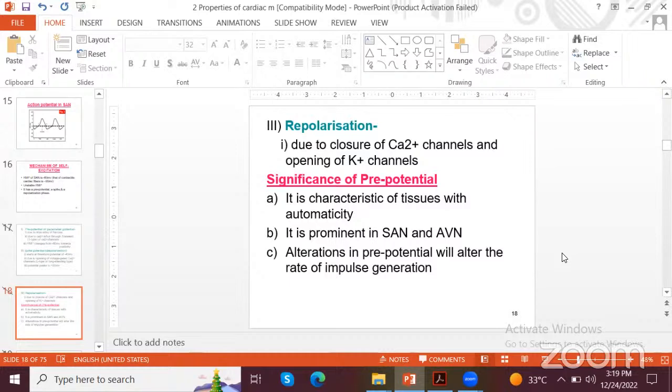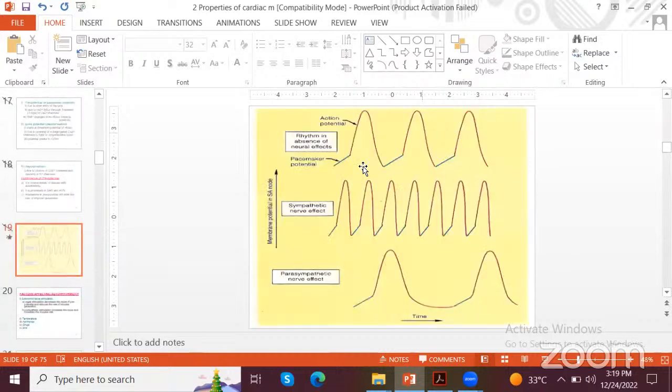An alteration in the prepotential will alter the rate of impulse generation. If there are no neural impulses and no other chemical influences, we get the pacemaker potential like this.